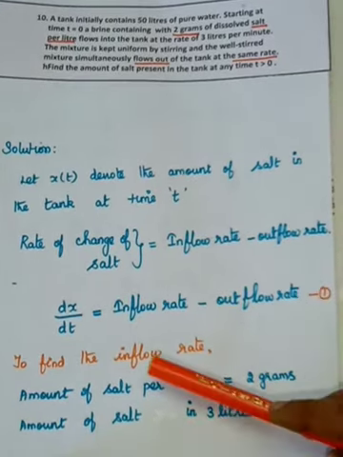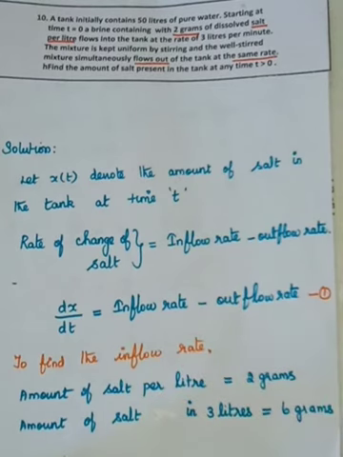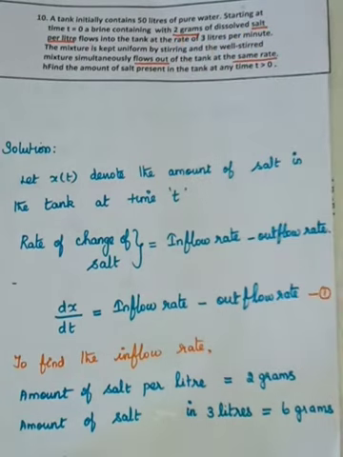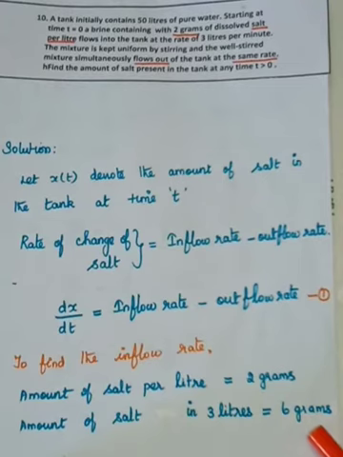So we are going to find the inflow rate of the salt. The brine contains 2 grams of salt per liter. So 1 liter of brine contains 2 grams of salt. Per minute how many liters of brine is flowing in? 3 liters. So 1 liter contains 2 grams of salt, means 3 liters contain 3 into 2, 6 grams of salt.